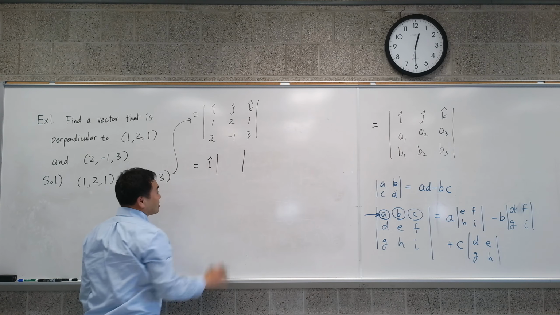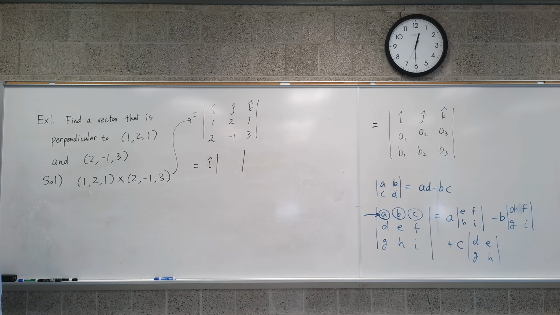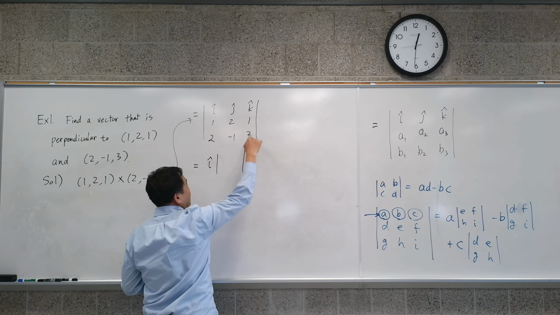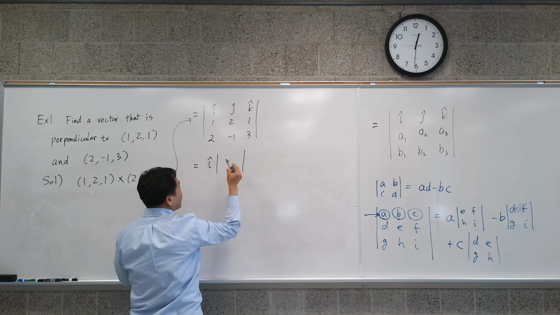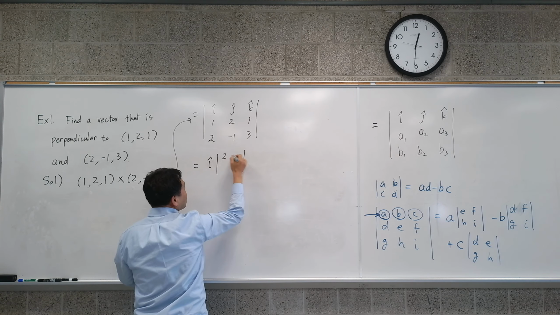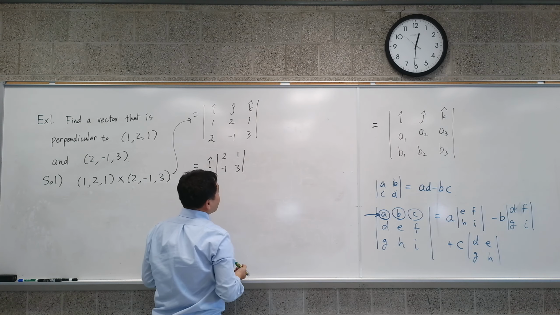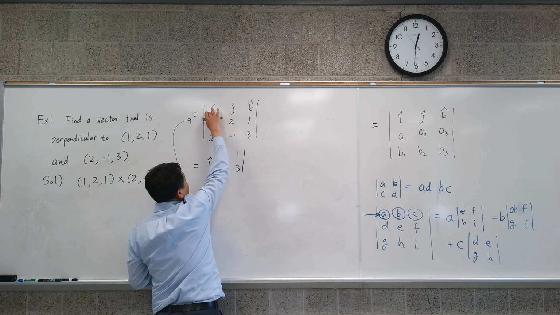Give me the minor. 2, 1, -1, 3. Yeah. So if you take out the column and the row containing I, you get this matrix, that minor matrix, 2, 1, -1, 3. Okay? Now the checkerboard of signs is plus, minus, plus.